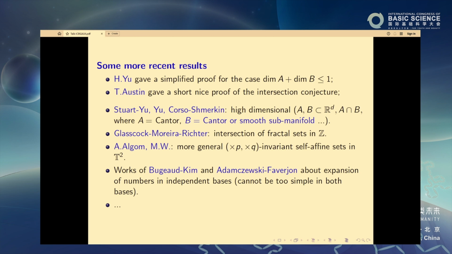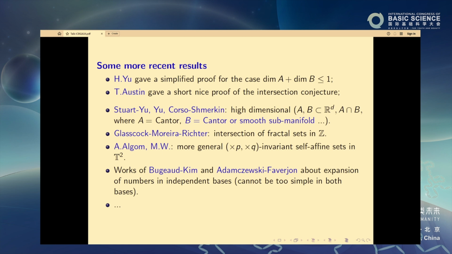There is also work of Joel Glasscock and Richter, which generalizes this kind of result to the setting of fractal sets in Z. So it's a discrete setting, but you can also define fractal sets in that setting.